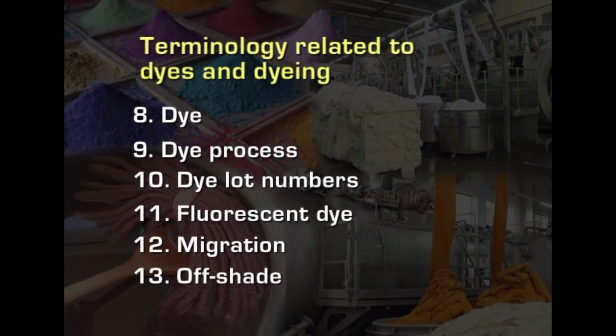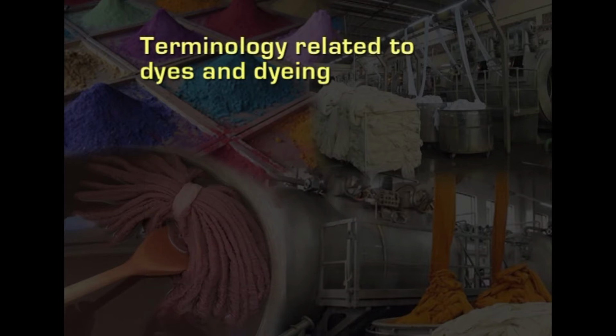Off shade refers to the color that does not exactly match the standard or prepared samples. Pigments are insoluble color particles that are held on the surface of a fabric with a binding agent. Their application is very simple, quick and economical.